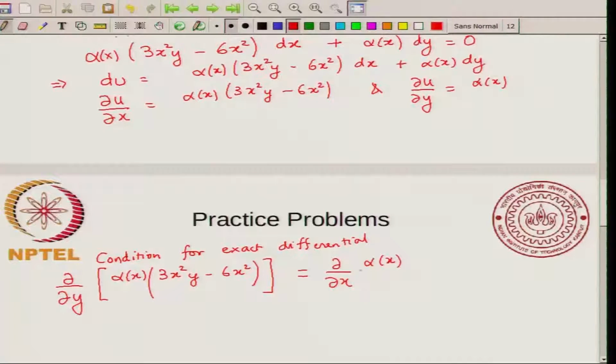Now, this is just d by dx of alpha of x, and on this side I can take alpha of x outside. Now, the derivative with respect to y of this quantity will just give you 3x square. So, alpha of x times 3x square is equal to d alpha of x by dx.